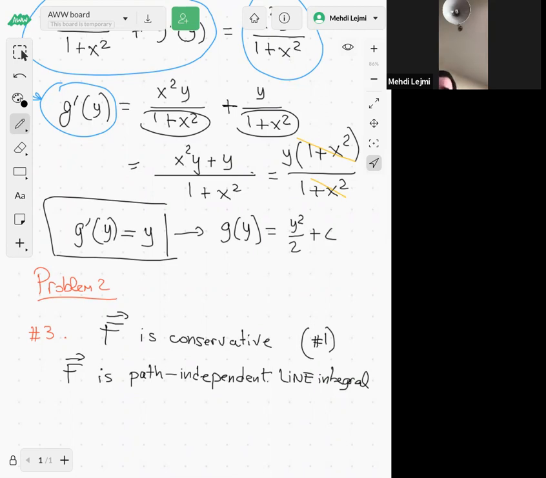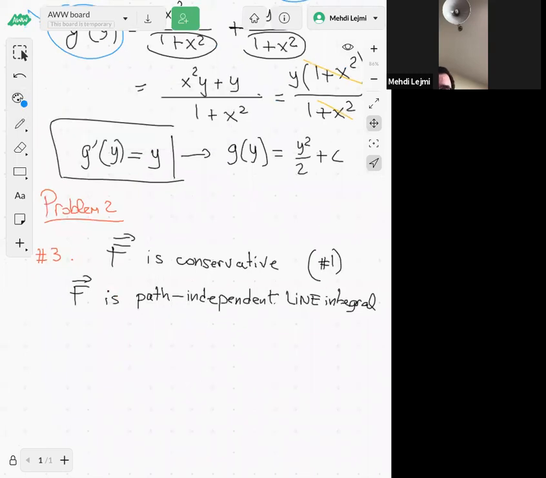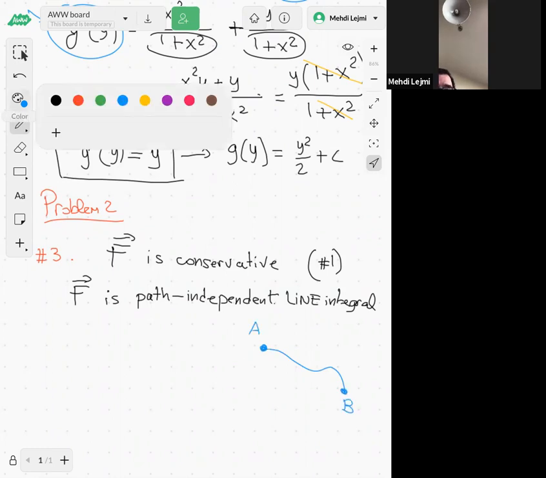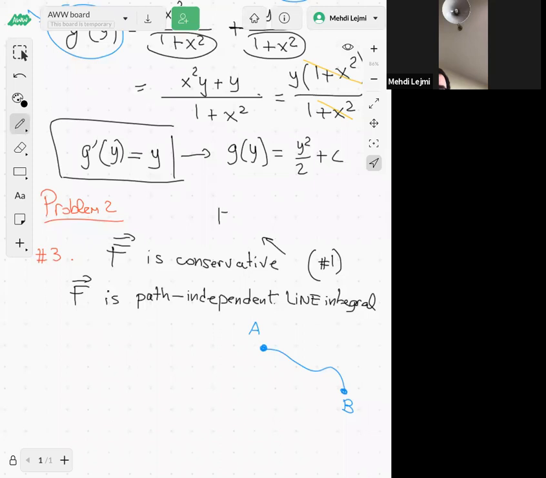In other words, if you have some path that goes from A to B, and you proved that F is conservative, then this vector field F is the gradient of some function f.